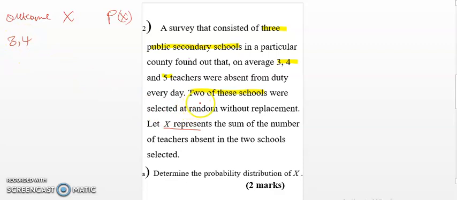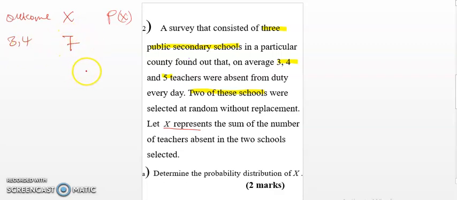Since it is 2 of these schools selected without replacement, and we are to determine the probability distribution of X, if we take the sum of these 2 numbers, we simply have 7.